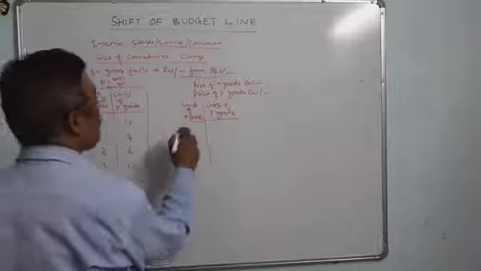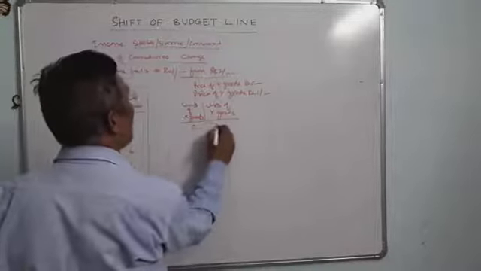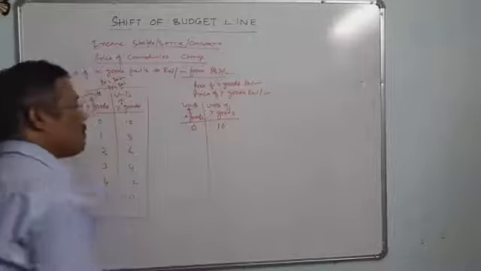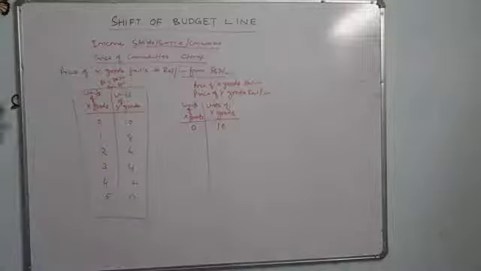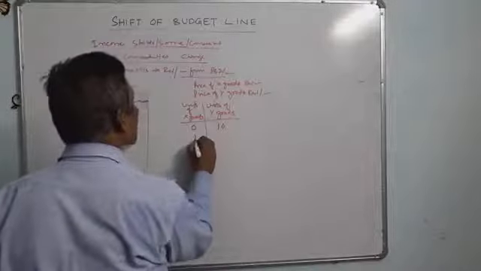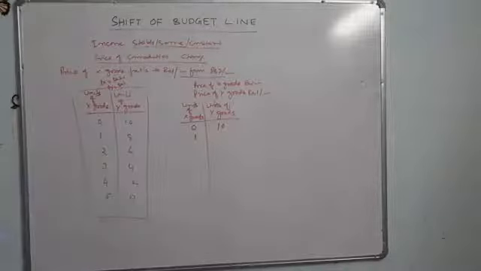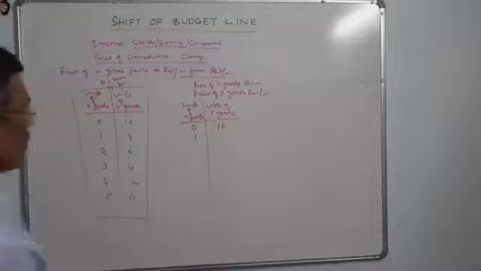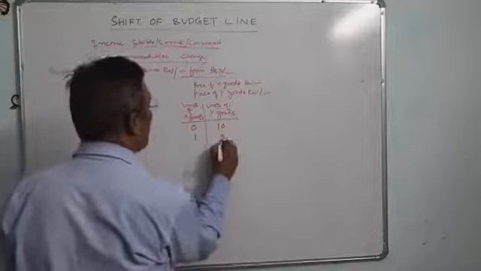That means X goods will be 0, Y goods will be 10. X goods will be 1 unit, and 1 unit means you pay that 1 rupee. The remaining is 9, so 9 units will be demanded.